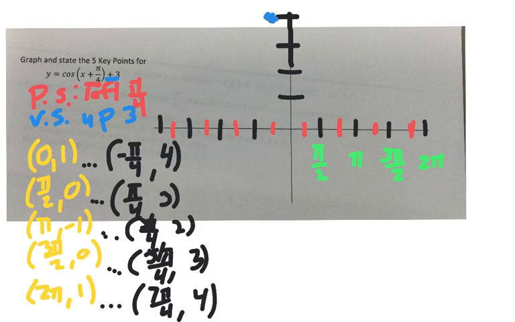Should be here. I'll line up with the red. And then pi over 4, I'm at 3. At 3 pi over 4, I'm down at 2. 5 pi over 4, I'm back up to 3. 7 pi over 4, I'm up to 4.